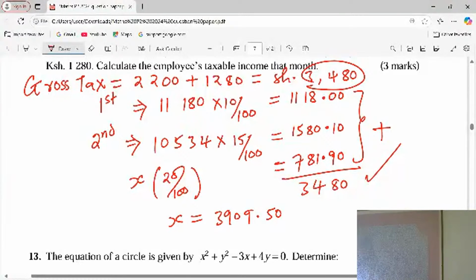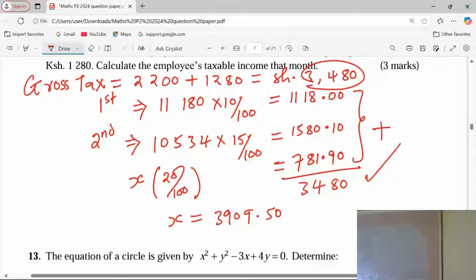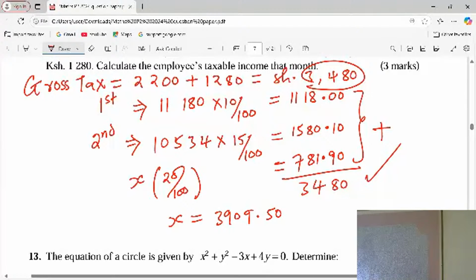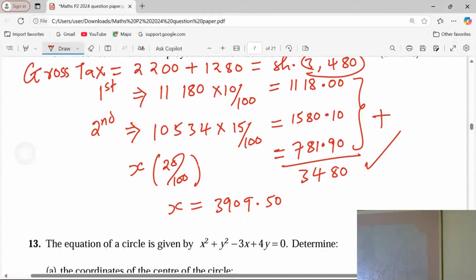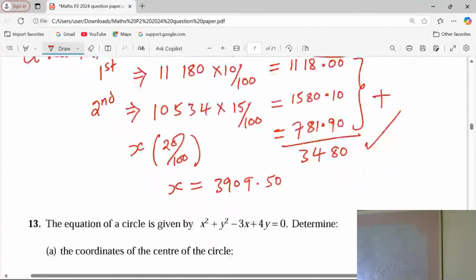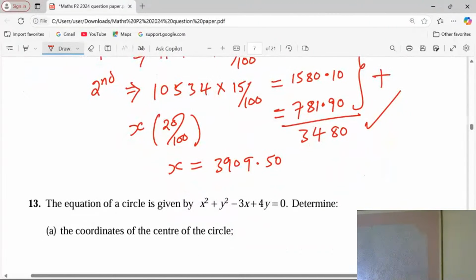So that is the taxable income in the last bracket, 3909.50, which will be taxed at the rate of 20% to give 781.9. Then 10,534 at the rate of 15% gives us 1580.1, and 11,180 at the rate of 10% gives us 1118. Now, when we add everything, we get 3480.